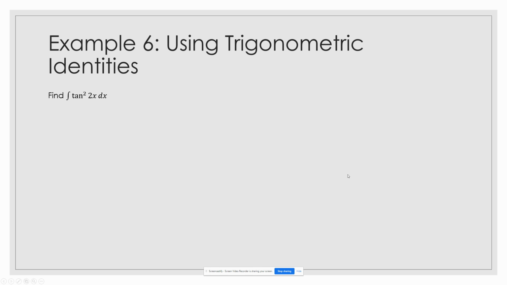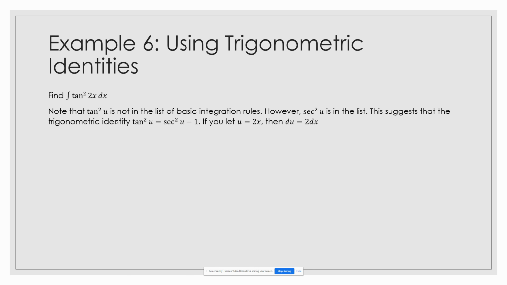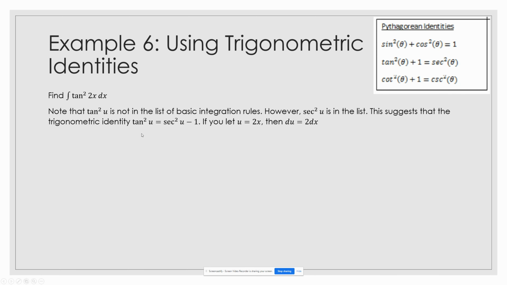Now, the first thing you might be thinking, well, hopefully you are, you're going back to your list and you're thinking, this is not on my list. I don't have a tangent squared of u on my list. However, there is a secant squared of u. And so we could use the Pythagorean identity to rewrite this. The Pythagorean identity in question here would be the tangent one.